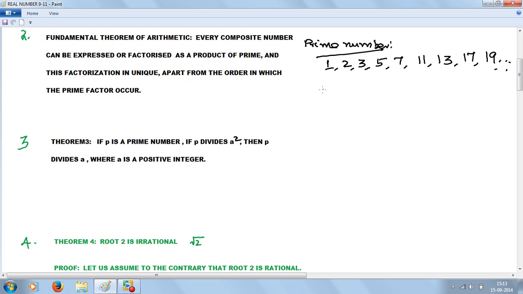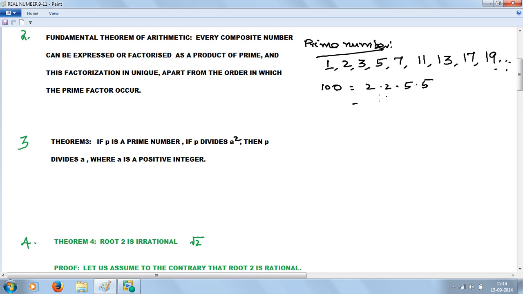Okay, let us take one example. Take 100. We express 100 as 2 multiplied by 2 multiplied by 5, again multiplied by 5. Then 2 twos are 4, 4 fives are 20, 20 fives are 100. It's a unique way.